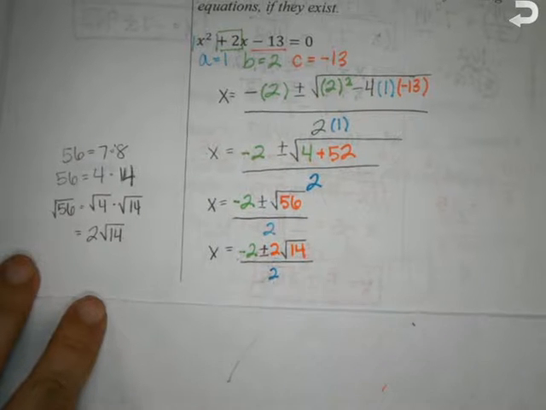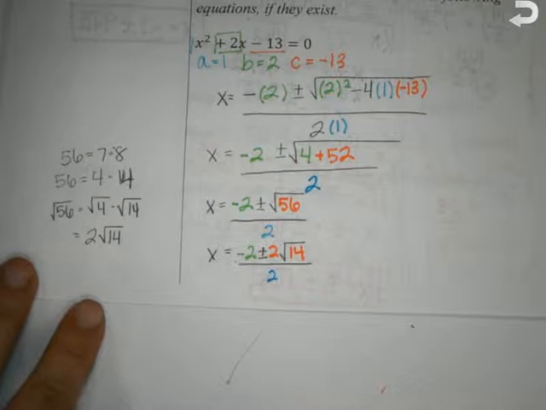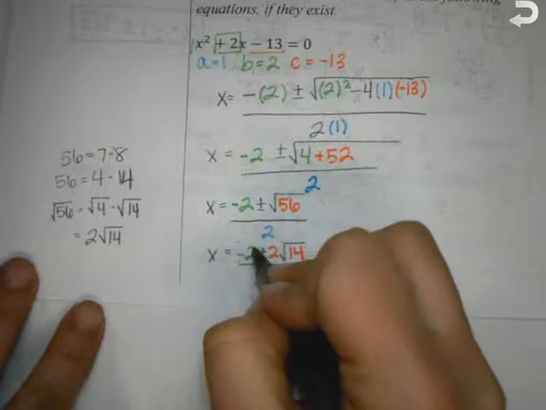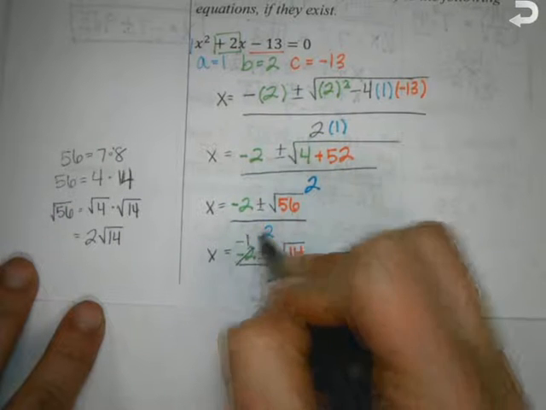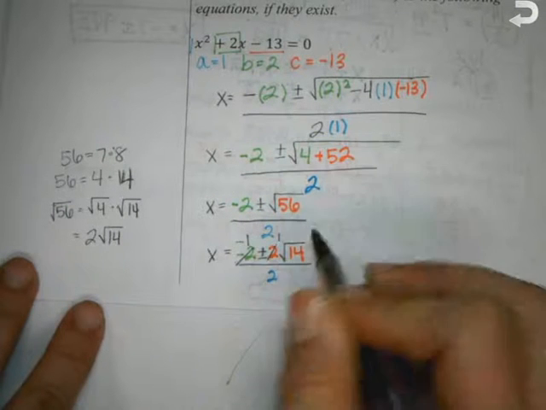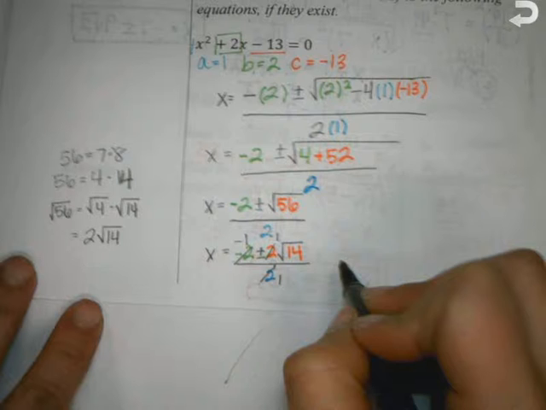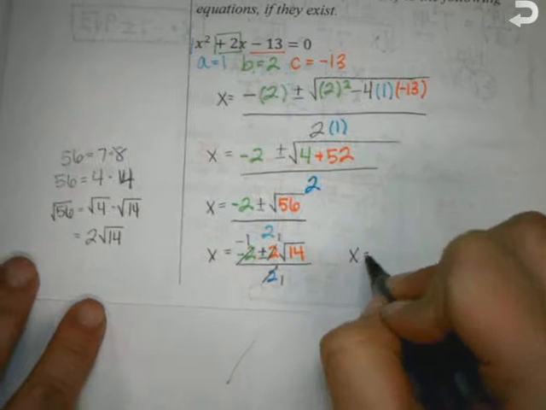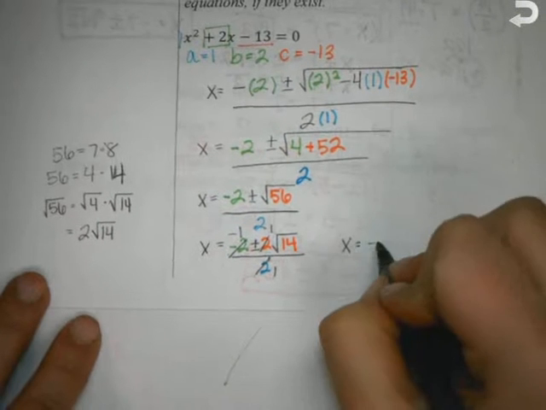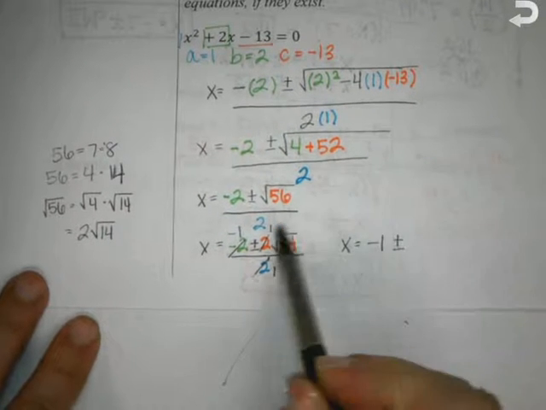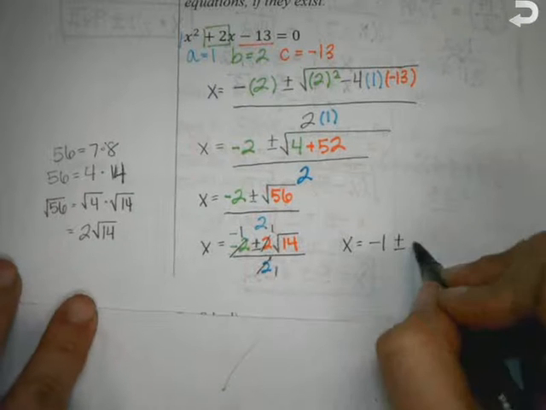So this becomes negative 1, this becomes 1, and this becomes 1. So x is equal to negative 1 plus or minus, do I have to write the 1 in front? No. Square root 14. That's your answer. And that's your answer. Easy.